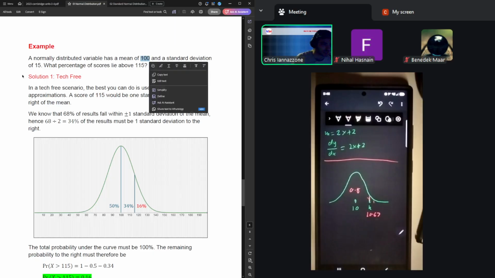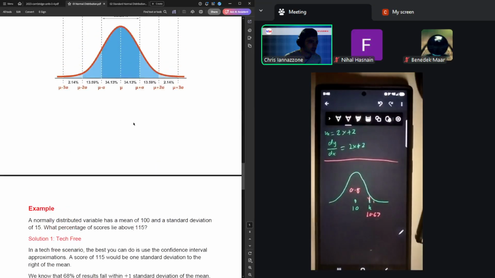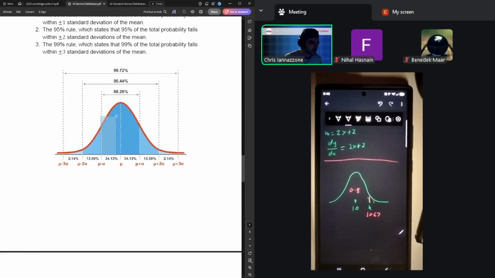So if we're starting at 100 and the standard deviation is 15, then to get to 115, that means you are getting one standard deviation to the right. That's what 115 is representing. And so if you are within one standard deviation to the right, the thing that matters here is the 68% rule. That states that 68% of the total area is going to be between plus or minus one standard deviation. That gives us a starting point.